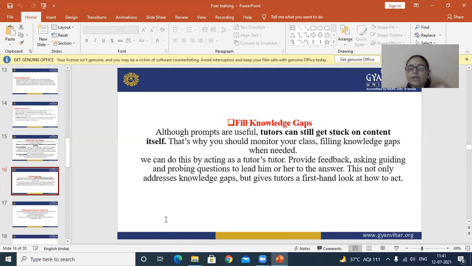Provide feedback, asking, guiding, and probing questions to lead him or her to the answer. This not only addresses the knowledge gap but gives tutors a first-hand look at how to act.